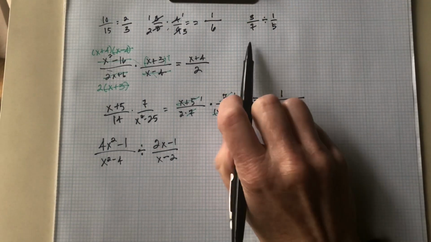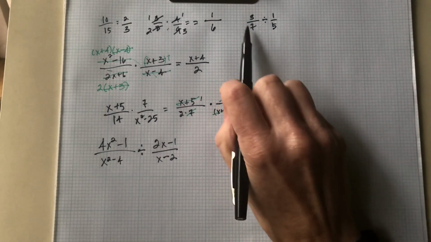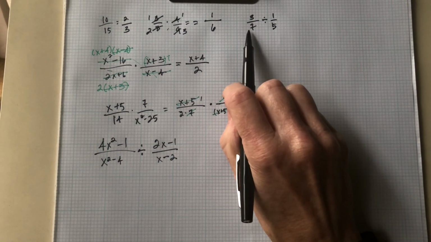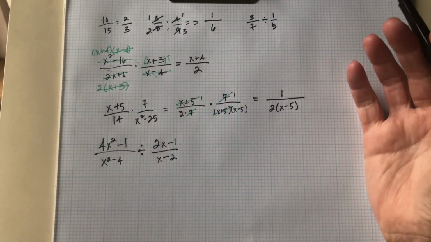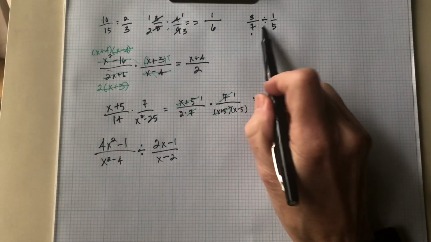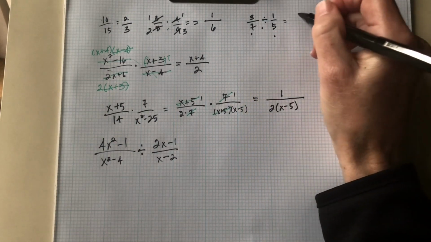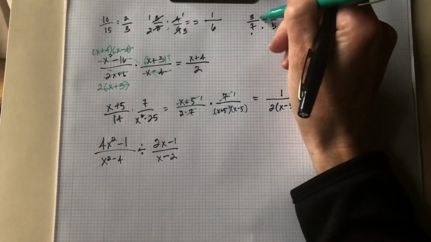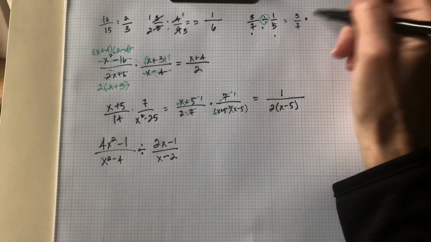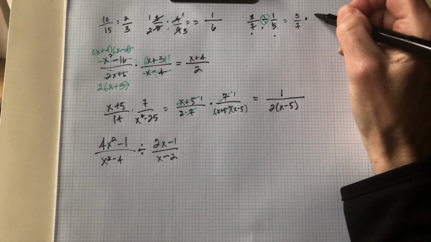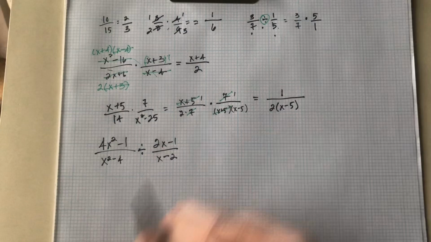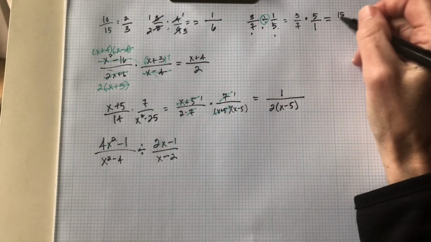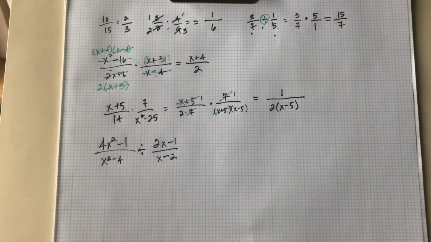So recall from your learning of fractions that when we have a division problem with fractions, we're going to change it to a multiplication problem. We keep it, change it, flip it. All right, so keep it, 3/7. Change it, we change this right here to multiplication, and then we flip it. The 1/5 becomes 5 over 1. And then we're back to regular multiplication. We multiply across the top and across the bottom, and that's our answer, 15 over 7.